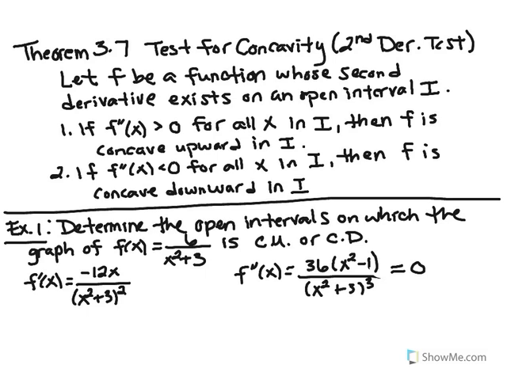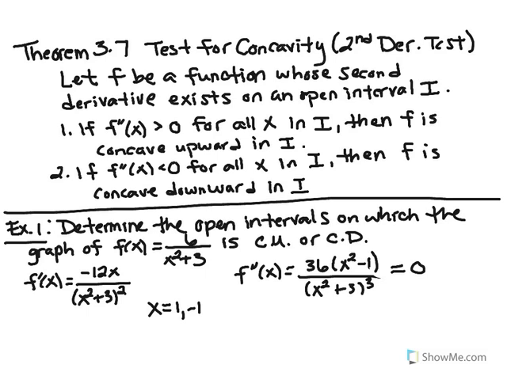So here's what we're going to do. When I solve this for x, I get x equal to 1 and negative 1. So we're curious to know what happens in 3 intervals in particular.